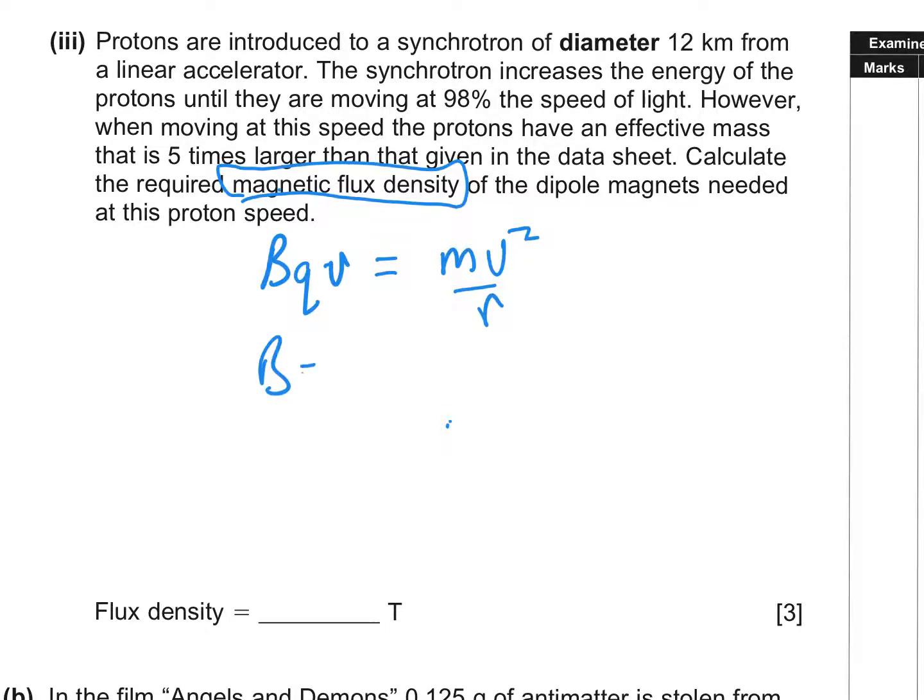And we say that B is equal to mv squared over rqv. And so we're going to get some cancelling with these v's. And that simplifies then to mv over rq.